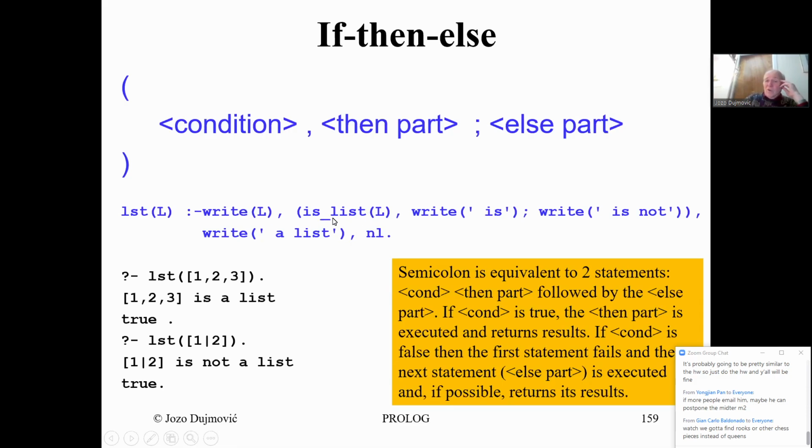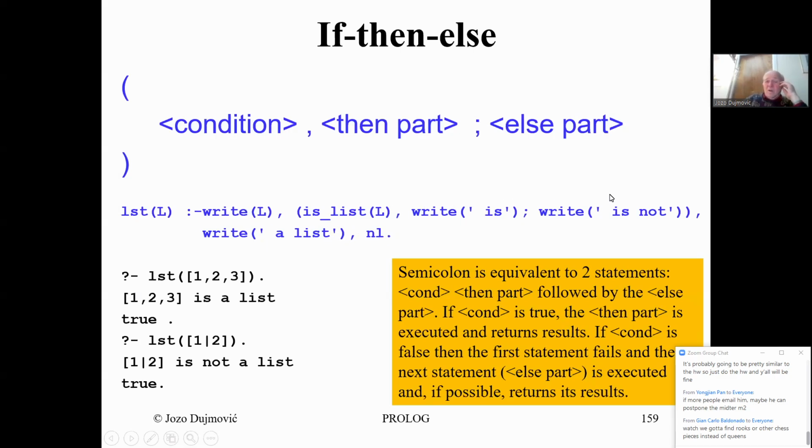If it is true and satisfied, then you go here and write the word is. If you fail with isList, then you write is not. So practically, I am displaying the list and then saying the list is or is not a list. Okay, and put a new line after that.